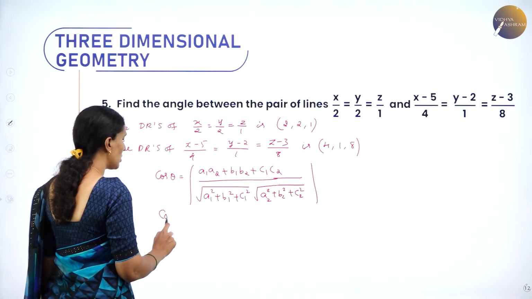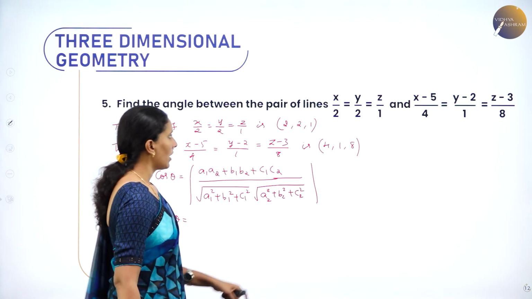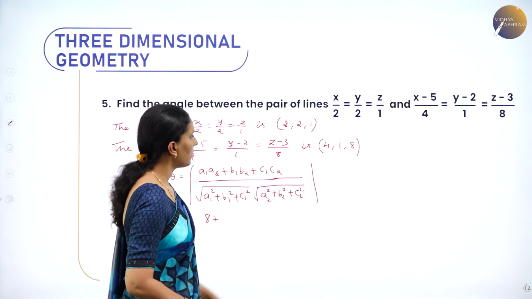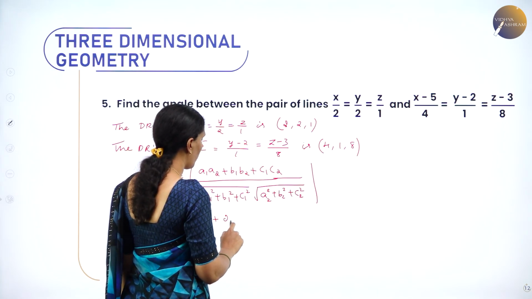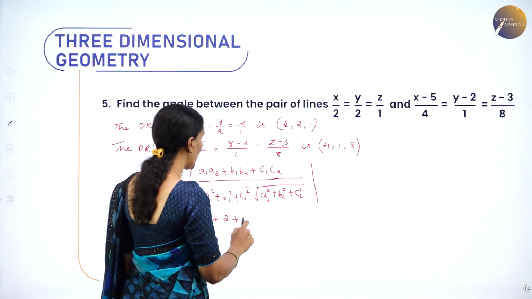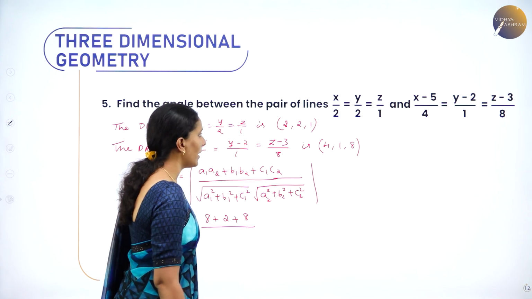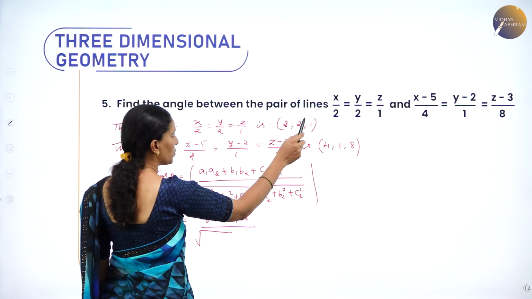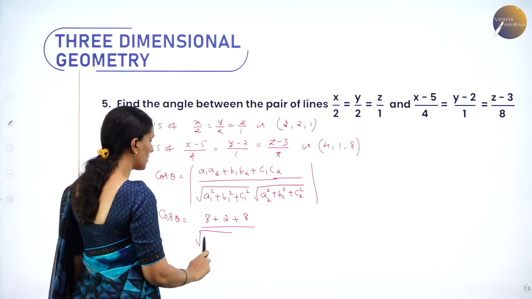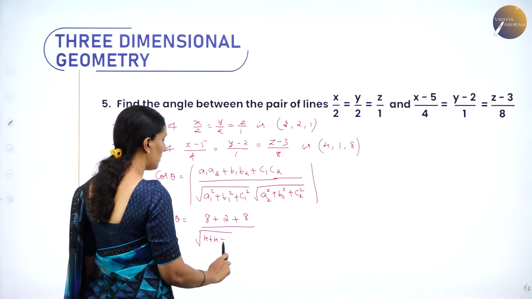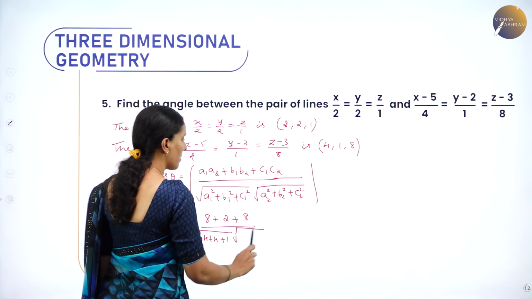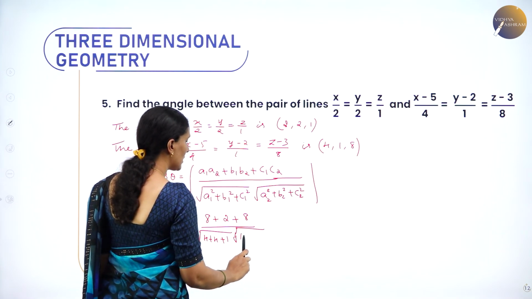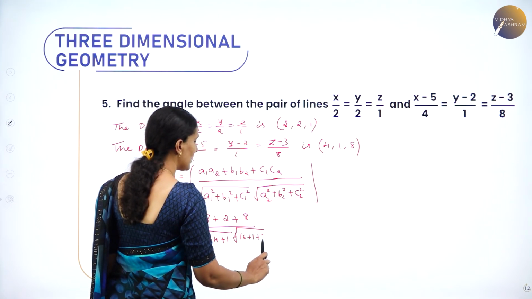Let's write cos theta is equal to A1 A2, 2 4s are 8, plus B1 B2, 2 1s are 2, plus C1 C2, 1 8s are 8, divided by square root of 2 square plus 2 square plus 1, which is 4 plus 4 plus 1. Next we have 4 square plus 1 square plus 8 square, which is 16 plus 1 plus 64.